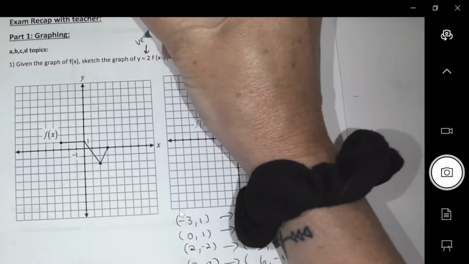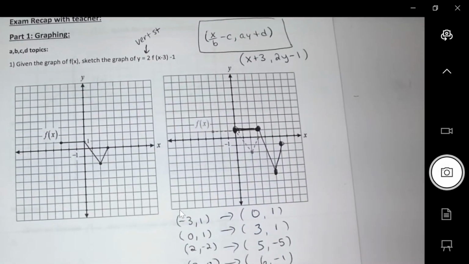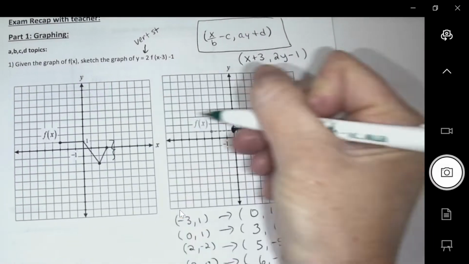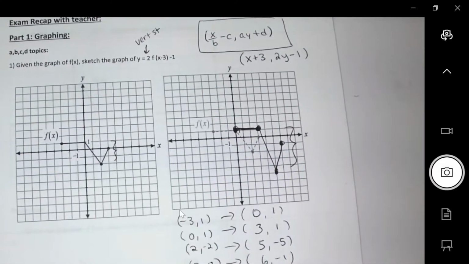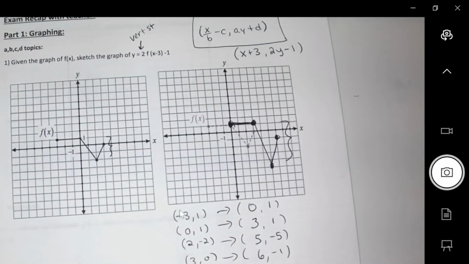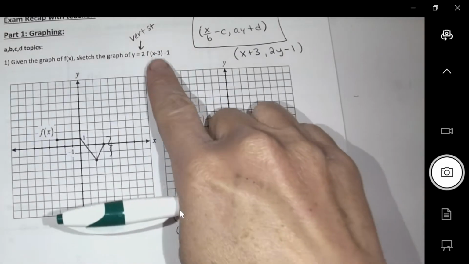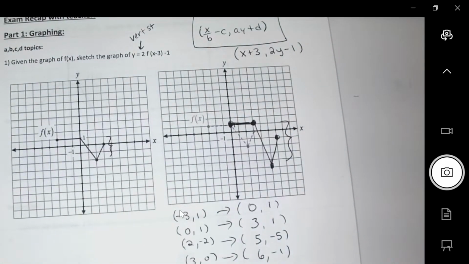Vertical stretch. Did it vertically stretch by 2? Do you see it? Remember what a vertical stretch looked like? It looked like this. Now it looks like this. It's farther apart. Do you see this spacing is more? Okay. And then it should move right 3, down 1.